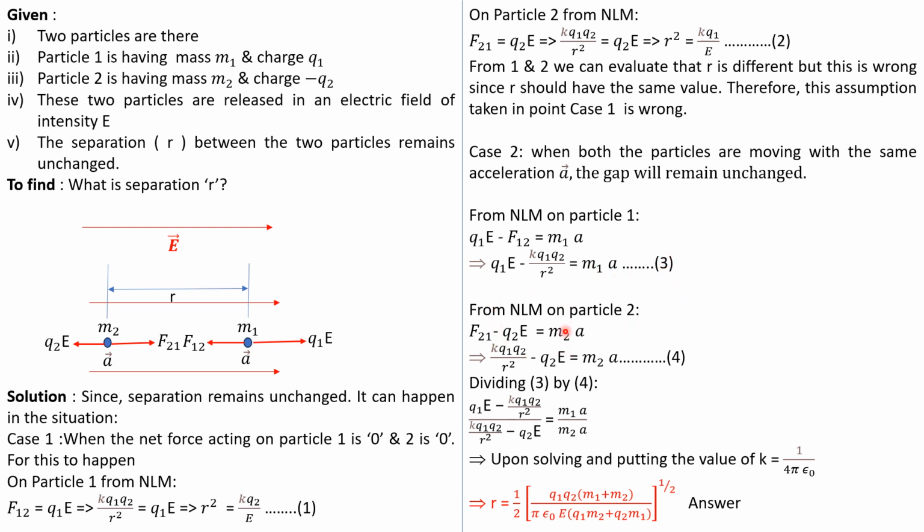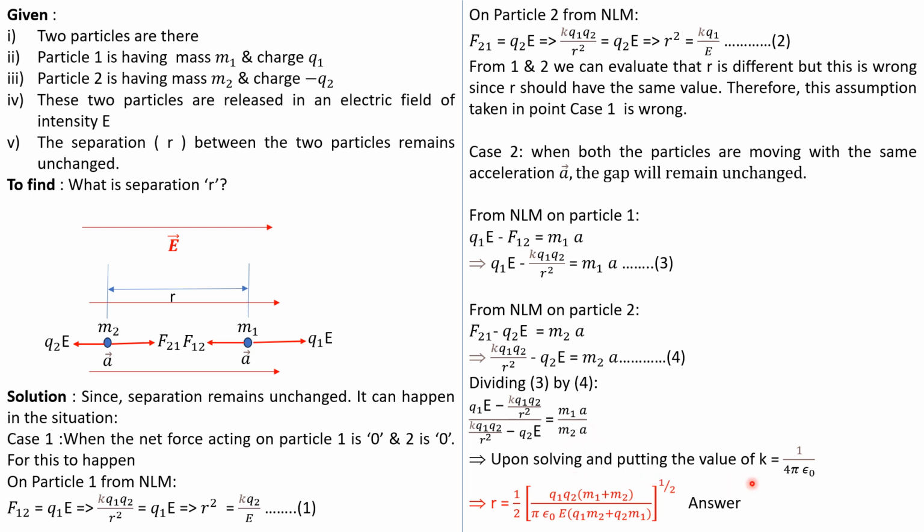Similarly, for particle 2 by Newton's law of motion, F21 minus q2E will be m2a. Putting the value of F21, we get equation 4. We are to find the value of R. a is unknown for us. To eliminate a, we divide equation 3 by 4 and we get this.